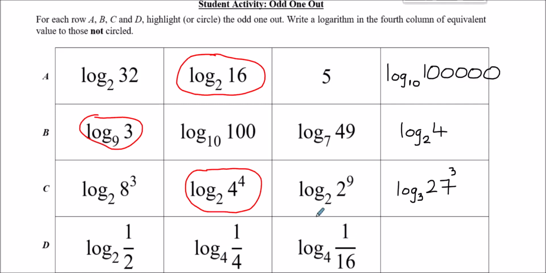And so the other one out here is this one, because that equals minus 2. So one we could do here, I'm going to go for log base 10 again, of the reciprocal of the base. That would equal minus 1 again.